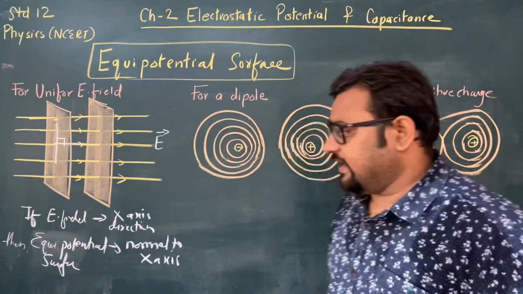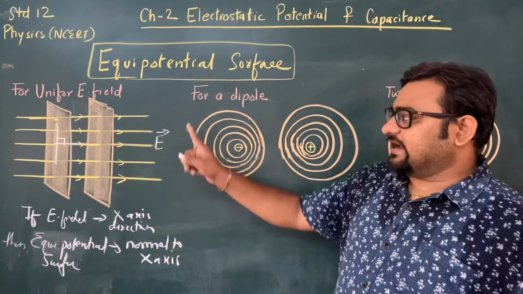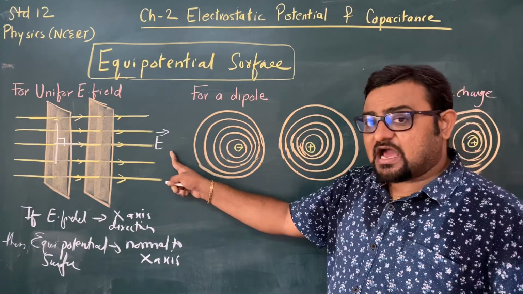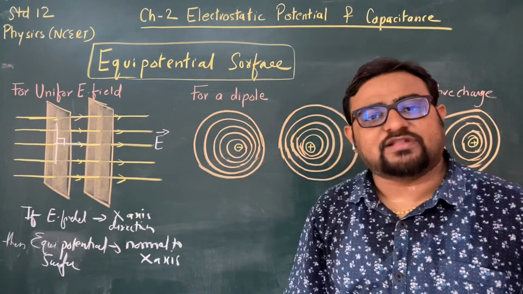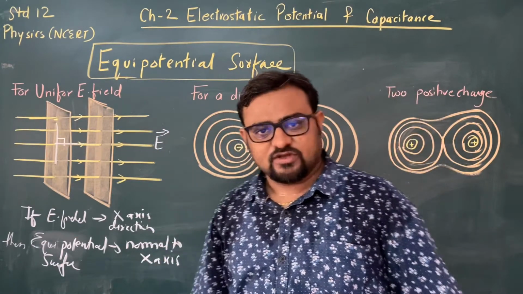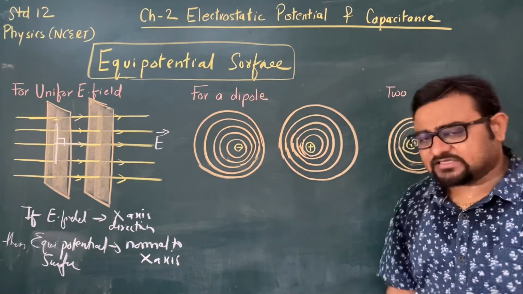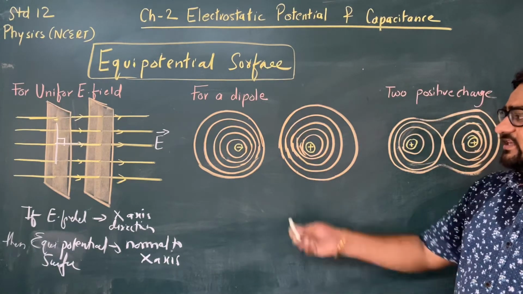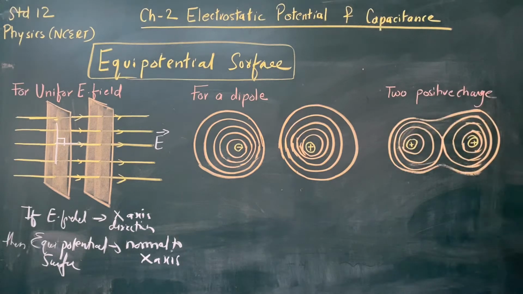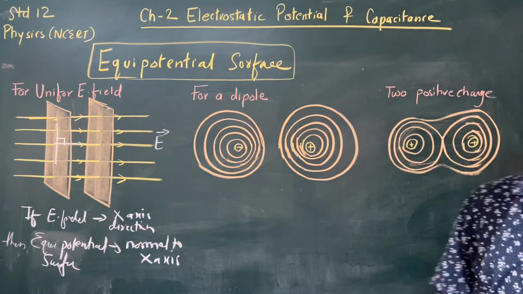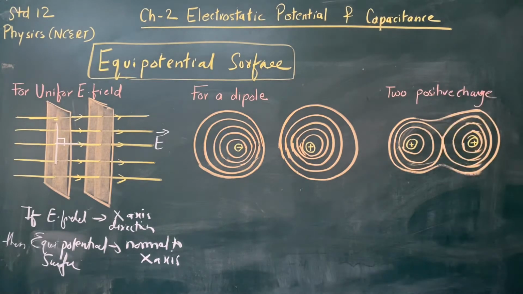So in any case, the electric field lines are perpendicular to the equipotential surface. These are two other examples: this is the equipotential surface for a dipole, and this is the equipotential surface for two positive charges. Just note it down.